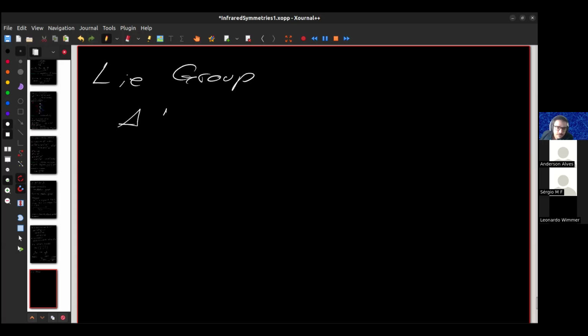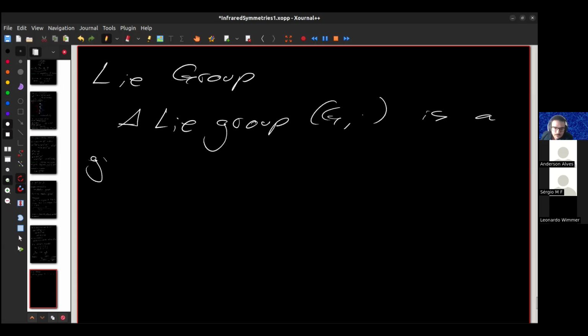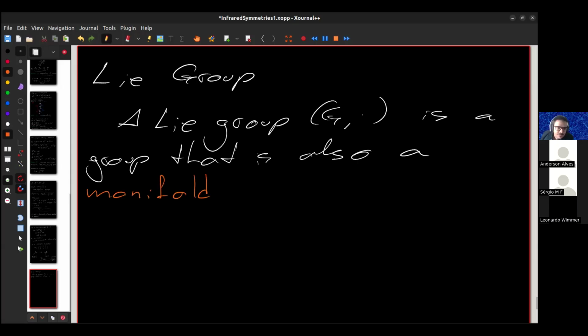A Lie group G is a group that is also a manifold. I know that 90% of the people at the school are Brazilians, so let me say that manifold in Portuguese is variedade. Just in case you know this word in Portuguese but not in English, or the other way around.